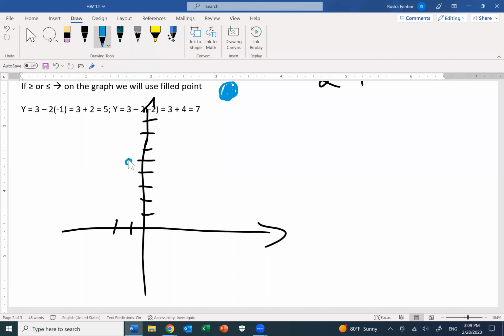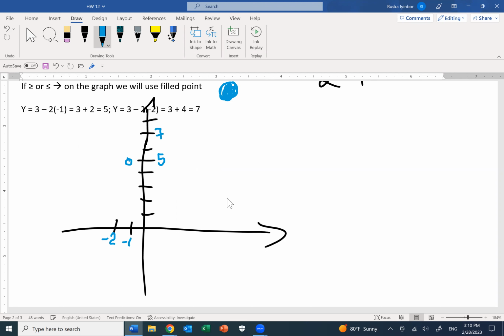So it's going to be an open circle. This is 5, and this is negative 1. And the second point is negative 2, and you're going to go to 7. So let's say this is 7.